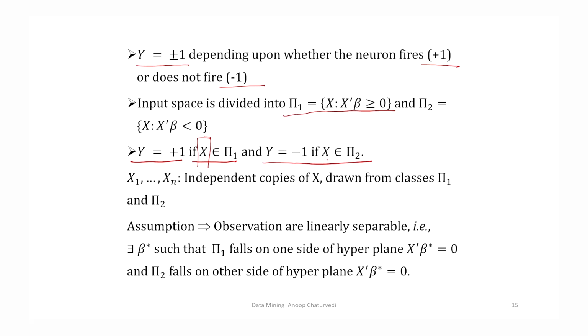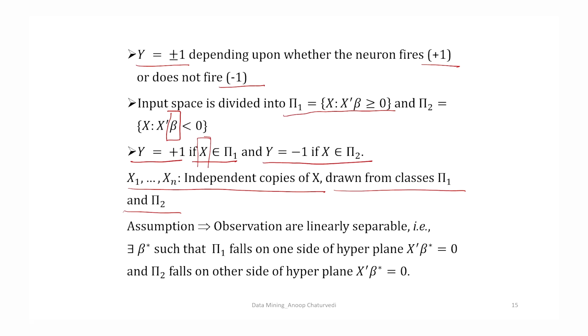Similarly, whenever x belongs to pi 2, y takes value minus 1. And basically you have to train your model. Training your model means you have to obtain the value of beta. So, suppose x1, x2, and so on up to xn are independent copies of x drawn from classes pi 1 and pi 2.